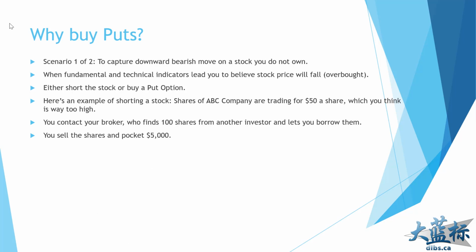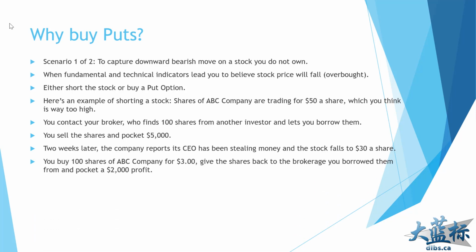You then sell these shares and you pocket $5,000, $50 a share times 100. And 2 weeks later, some bad news happens and the stock falls to $30 a share. At that point, you buy back 100 shares now for $30 at a cost of $3,000, thereby you pocket $2,000 in profit.